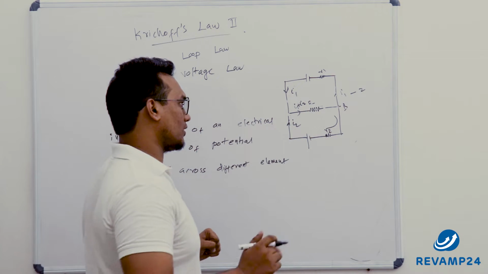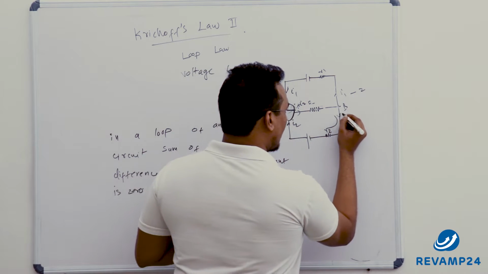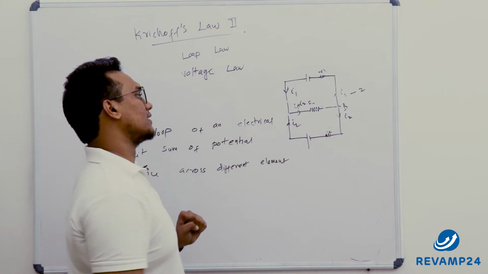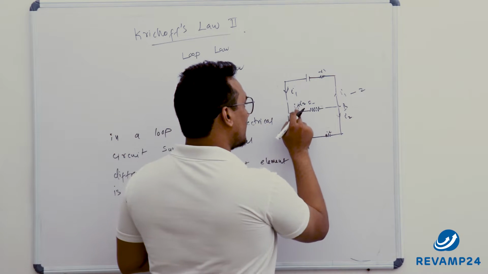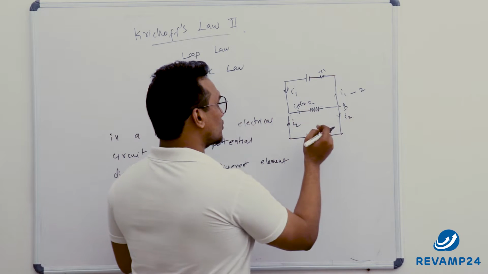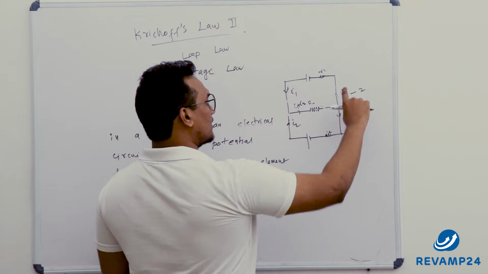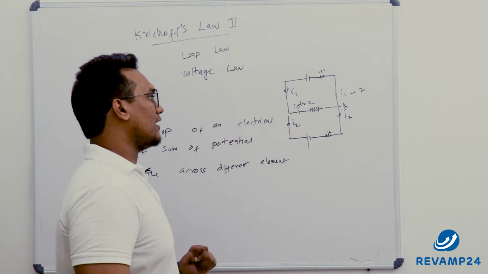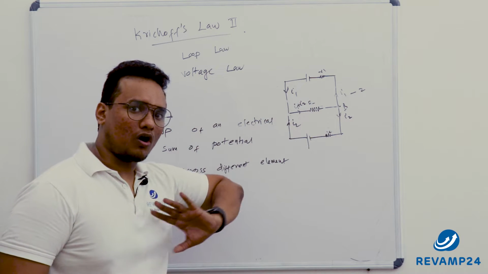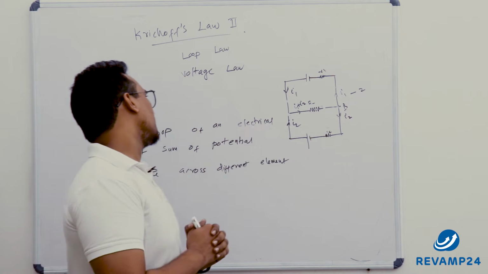Then they combine here as I1 plus I2 and go in this direction. From here again I1 and I2 split. I1 plus I2 enters, and out of that I1 and I2 leave. So leaving is I1 plus I2, entering is I1 plus I2. So the junction rule can be applied to all junctions, and the loop rule can be applied to all loops.